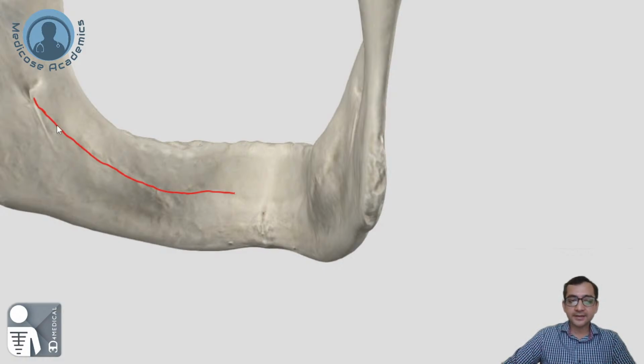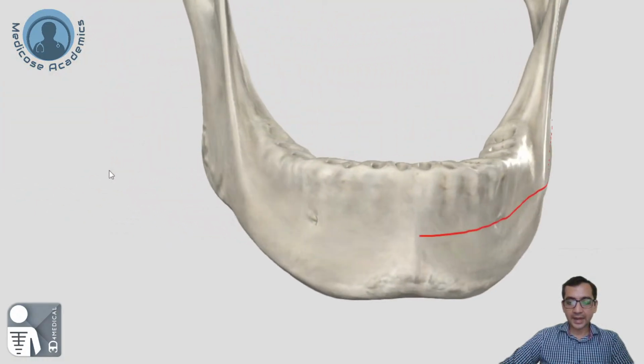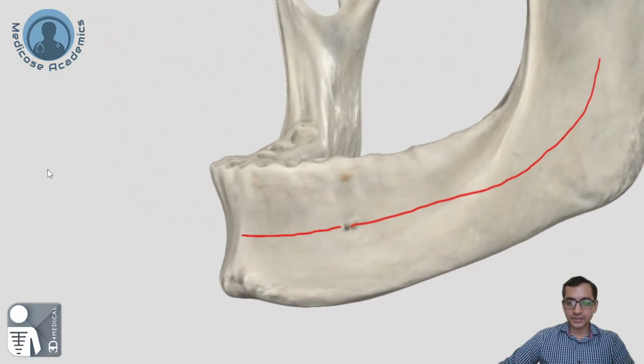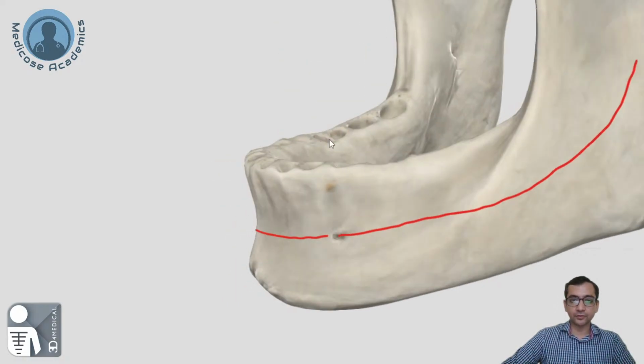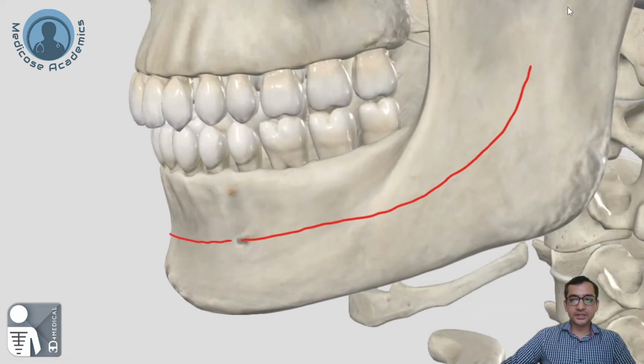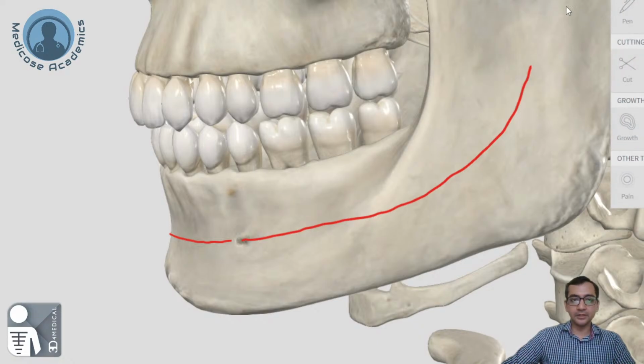It contains the inferior alveolar nerve and the artery and veins supplying and draining the lower teeth respectively. And a branch of this nerve exits from the mental foramen to supply the area of the cheek. So this is about the mandible.